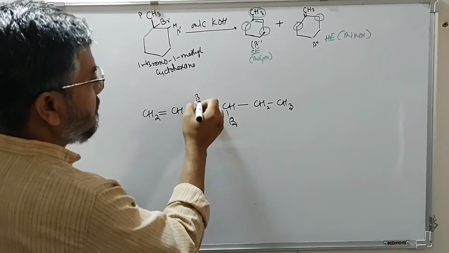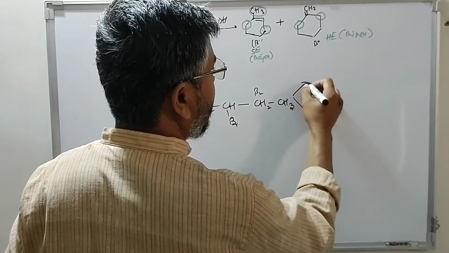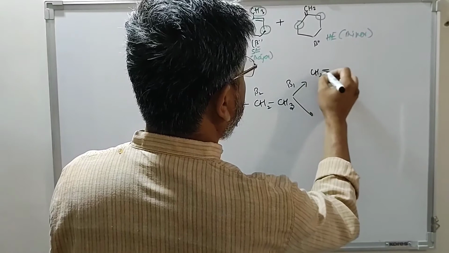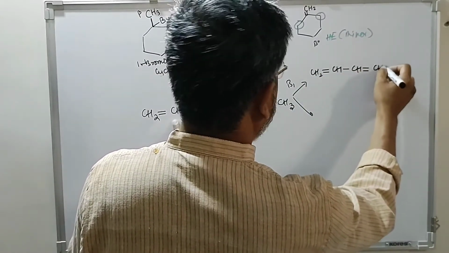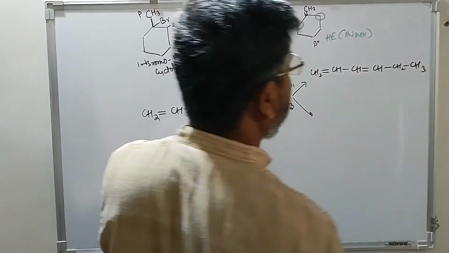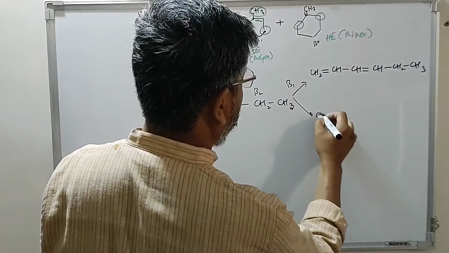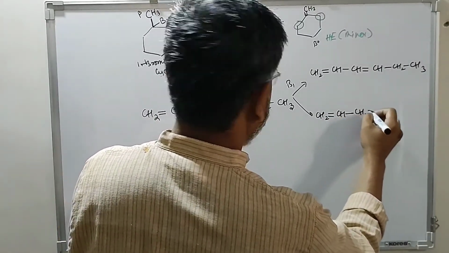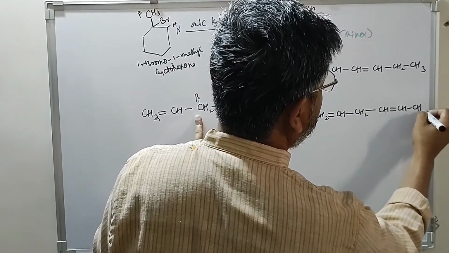Let this be beta 1, this beta 2. So two possible products. Removal of beta 1 gives CH2 double bond CH, CH double bond CH, CH2, CH3. The other product is CH2 double bond CH, CH2, CH double bond CH, CH3.